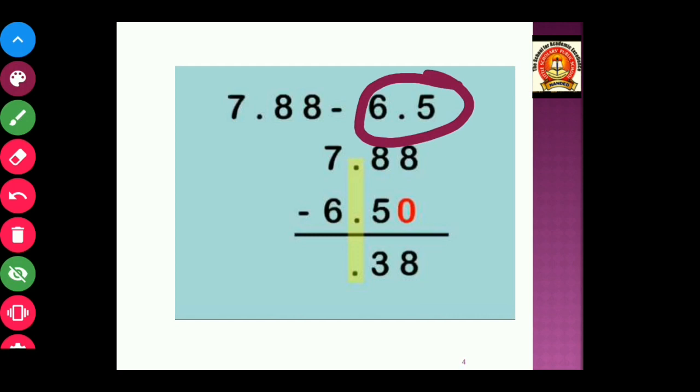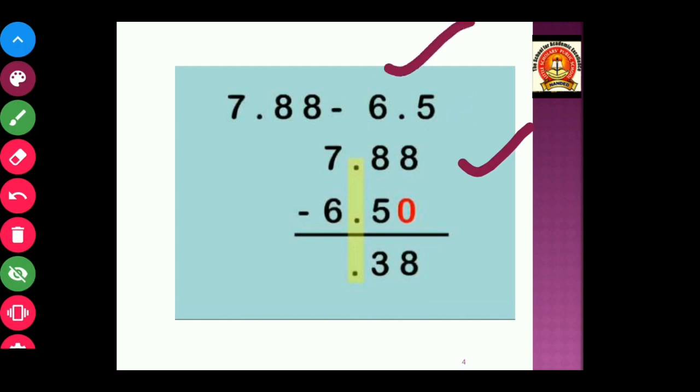So we'll write 7.88 first. After writing 7.88, we look here at 6.5. It has only one decimal place, so you can give another one by putting a 0 here. Now both have an equal number of decimal places. So 7.88, then you will write 6.50, line up in a vertical column, and then just do the normal subtraction.